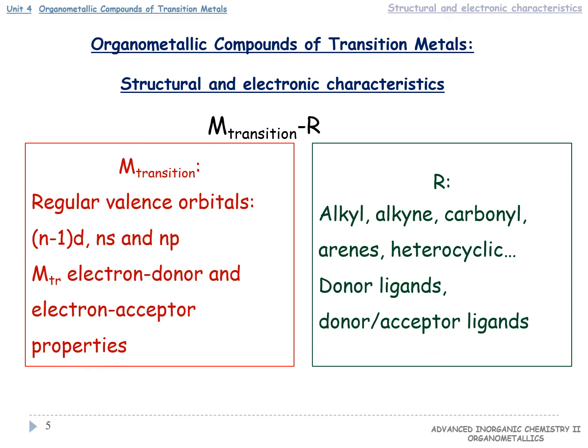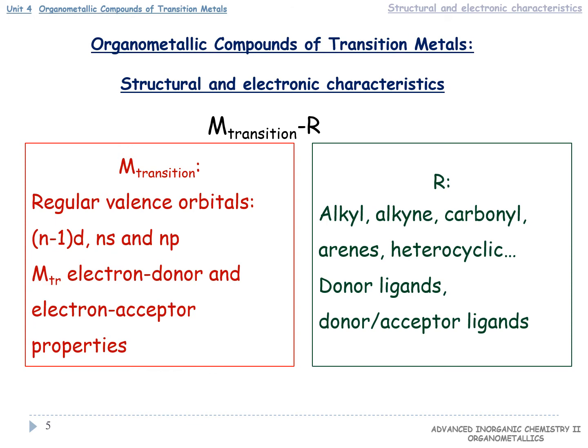Let's remember that transition metals have a number of electronic characteristics that make them different from those of the main groups that we have just seen in previous units. In addition to the S and P orbitals, these elements have D orbitals available, and therefore more complex organometallic compounds will be formed.